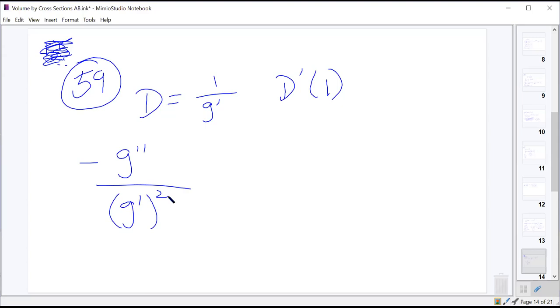G prime of 1 is negative 3, so that should be 9. Let's see, did they say that the answer was C? Is that what they said? I could look. Or like 59.